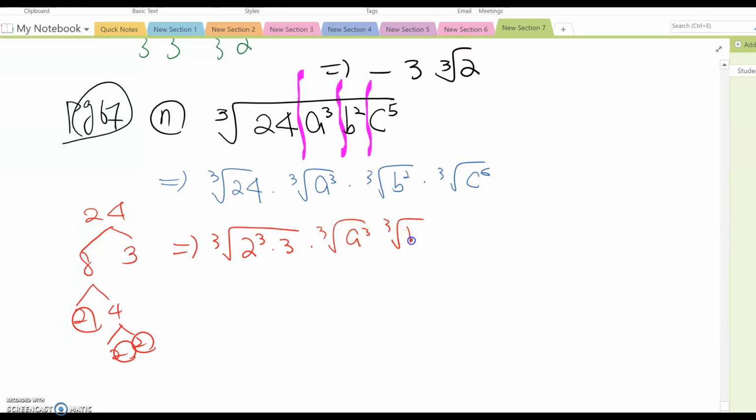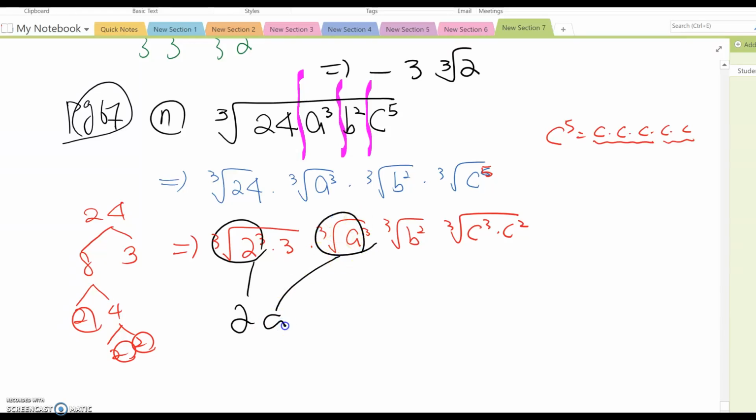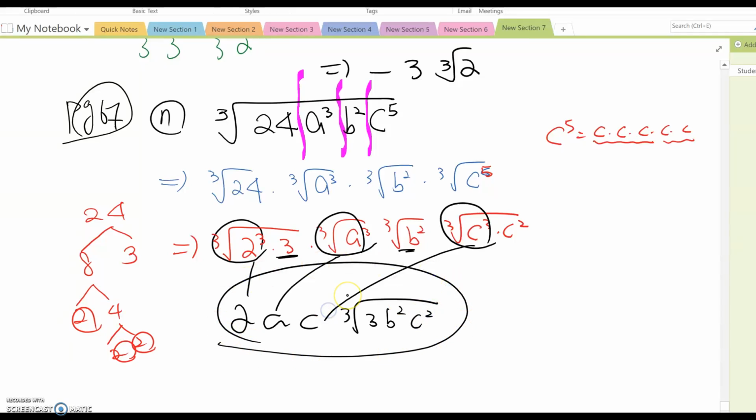Now cubic root b squared, and now c to the 5th. So c to the 5th means 1, 2, 3, 4, 5, so c cubed times c squared. Now take out all the cubic ones as a single term, which is 2ac, and the remaining terms 3 b squared and c squared must stay inside.